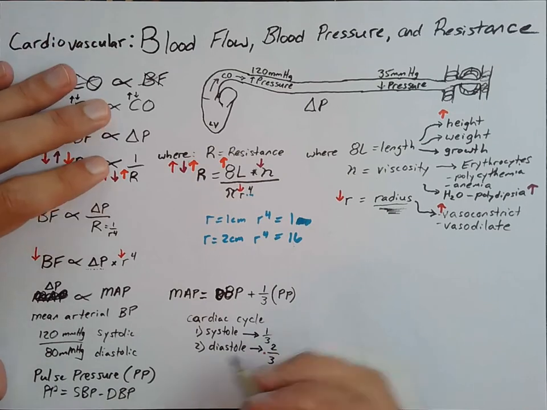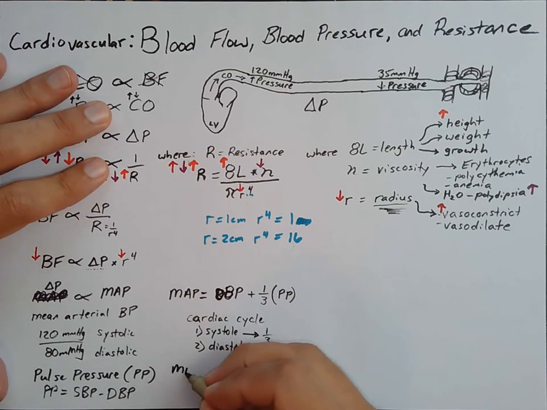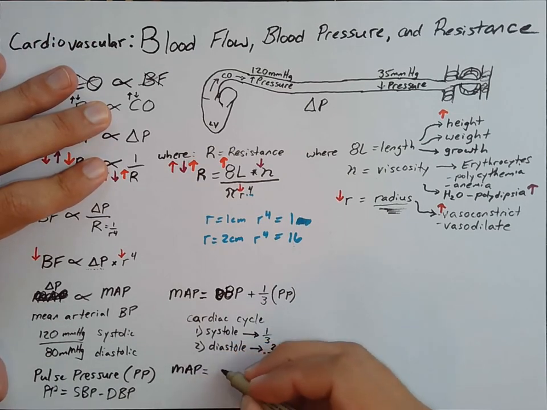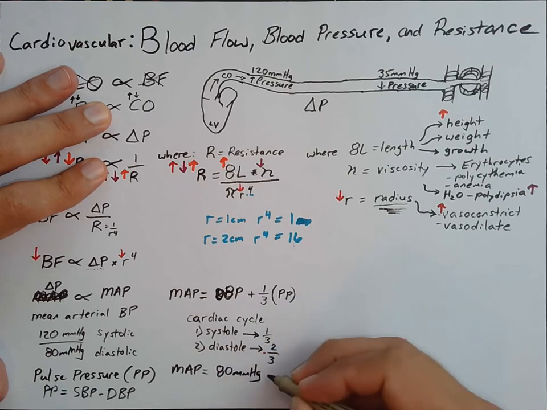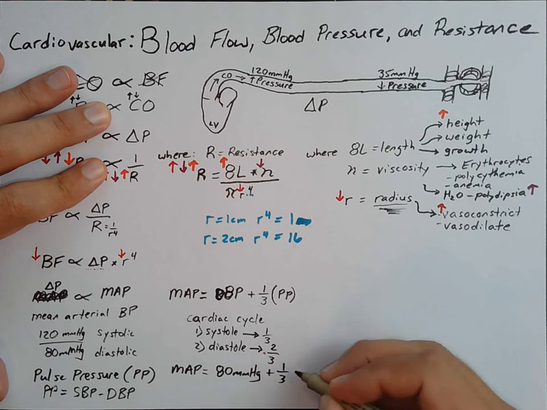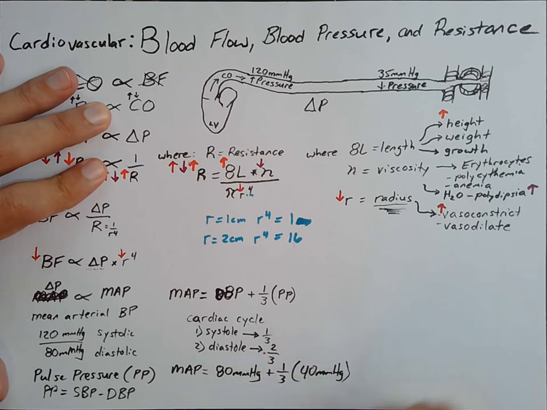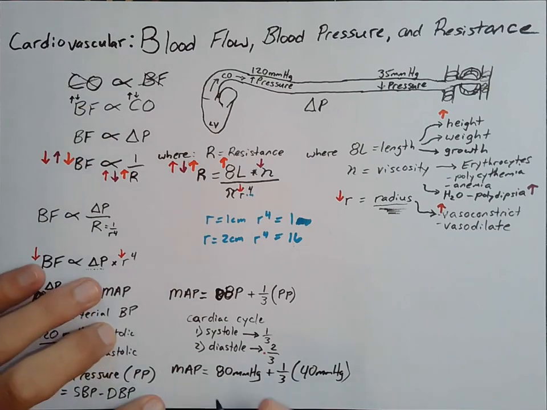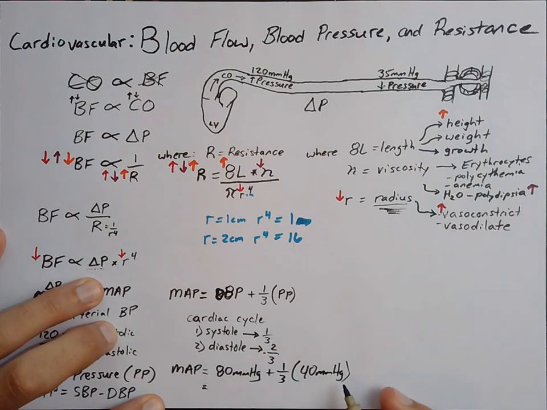So if you do the math on this, we can say in a normal patient, MAP is going to be 80 millimeters of mercury plus 1/3 of the pulse pressure, which is 40 millimeters of mercury. Or in other words, 80 plus 13.333333 repeating.